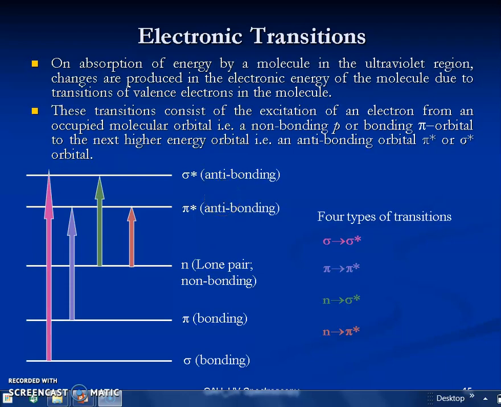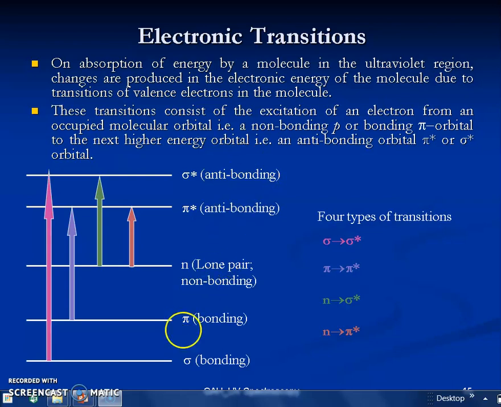The transition of an electron usually happens from the bonding molecular orbital or a non-bonding orbital to an anti-bonding orbital, which is usually at a higher energy state.